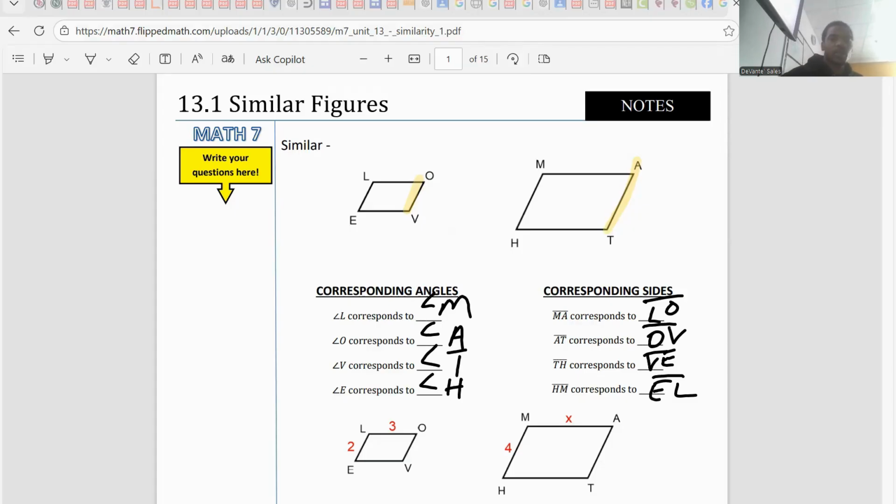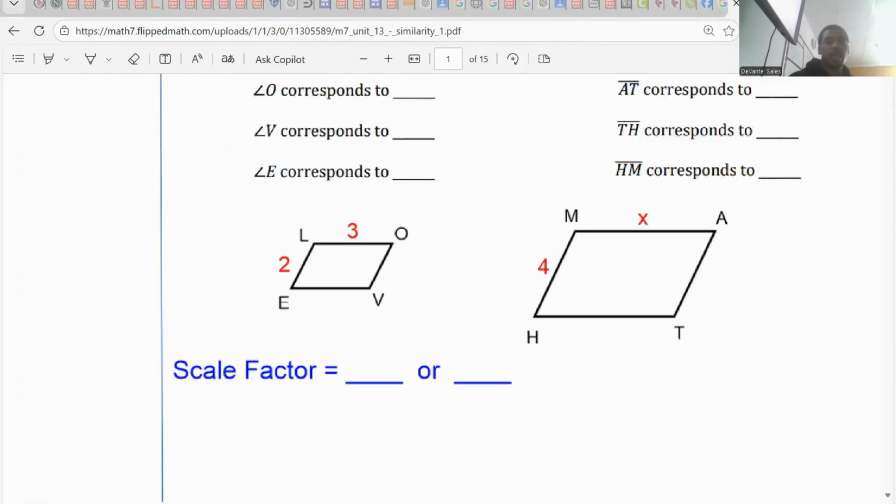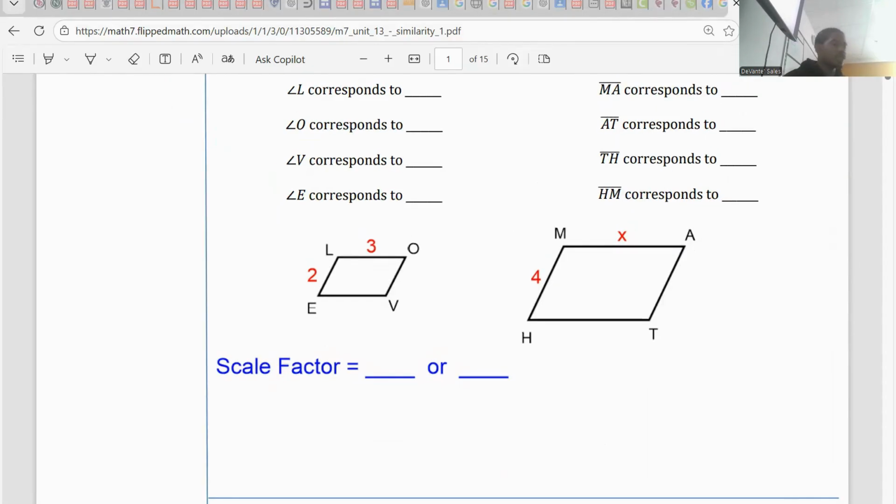All right, if we move it down, I'm just going to add a little bit more to this. Just like when we were dealing with proportions and ratios, there are a couple of different ways we can do this. You can set up a proportion using your similar sides. For instance, if I look at this side and say LE is similar to what? MH.